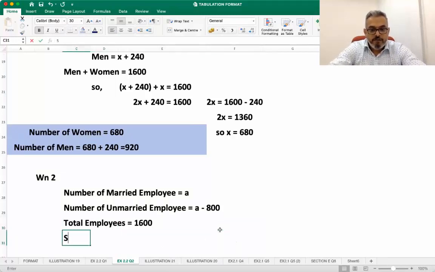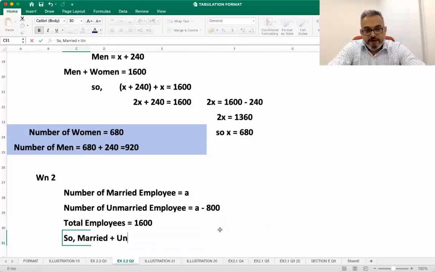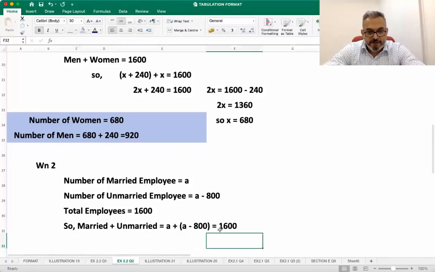So married plus unmarried is equal to A plus A minus 800, which is equal to 1600. So let's solve this.